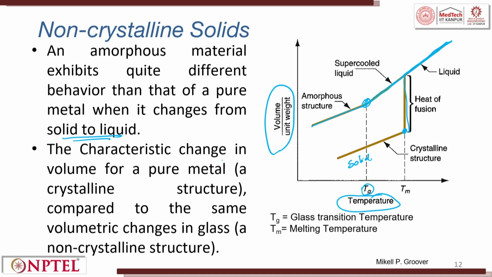The characteristic change in the volume of a pure metal compared to the same volumetric change of the glass, you can see a difference. So now friends, you will try to understand why is melting point important, why is glass transition temperature point important, and why are we so much worried about crystalline and non-crystalline material.